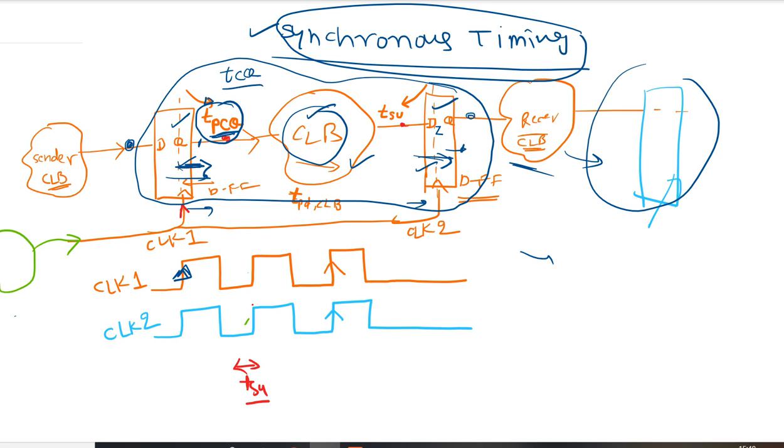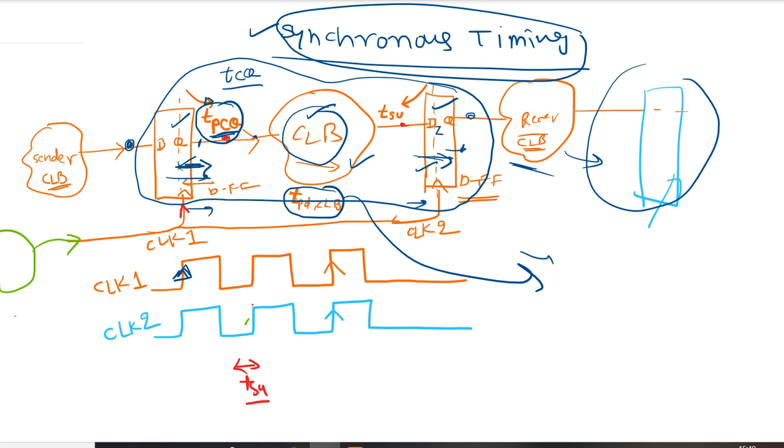Now once the data has arrived at the output of this first D flip-flop, this data would be processed by the CLB and would take TPD CLB. As we discussed in the previous video, the CLB also has a contamination delay and a propagation delay. CLB means combinational logic block, so this is some combinational hardware.